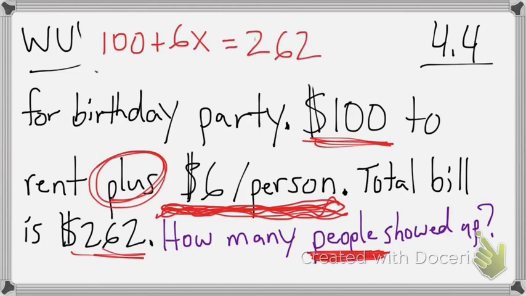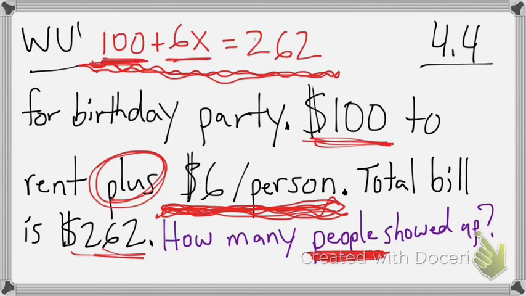equals 262. I always talk about mathlish and English. That's all word problems are. You're just translating the English in the problem to mathlish, and usually we're going backwards. So you can see $100 flat plus $6 per person.